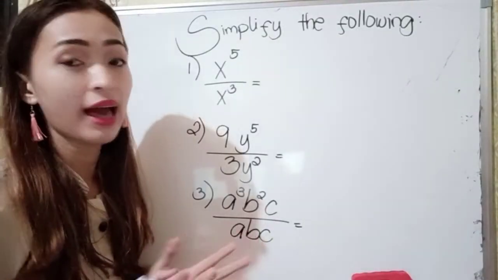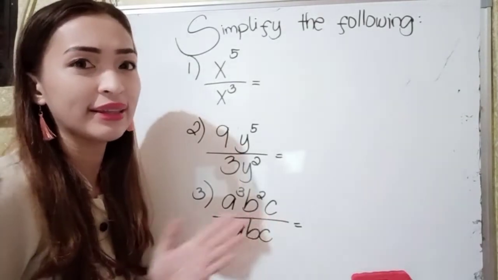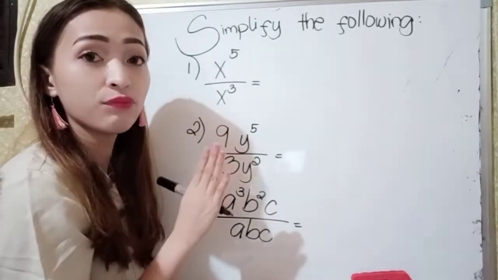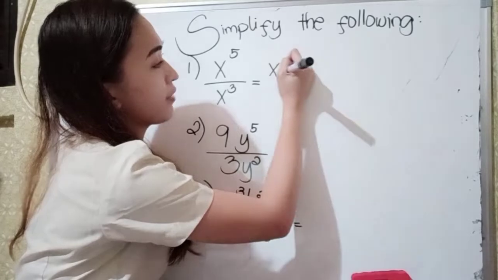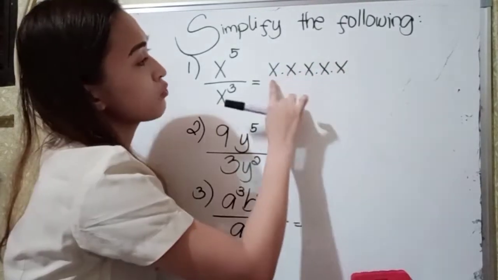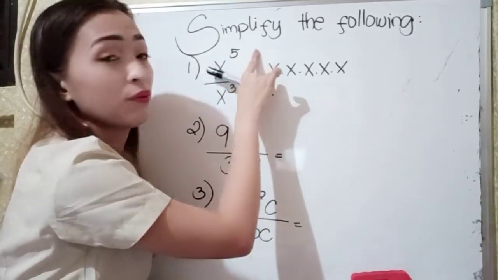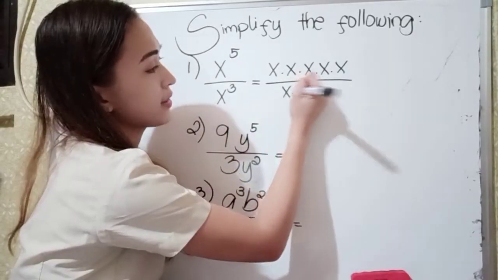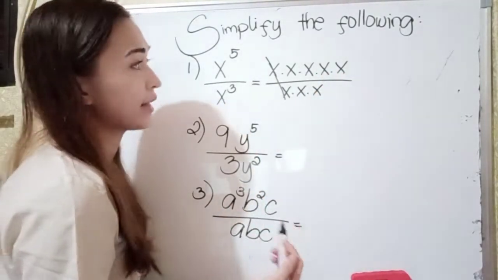For example, we have here, simplify the following. I will teach you the long method, or the technique, on how to answer this one. For example, x raised to 5th power over x cubed. What you're going to do is write 5 x's: 1, 2, 3, 4, 5, which is x raised to the 5th power. Also, 3 x's here. x divided by x is 1, so that is canceled.